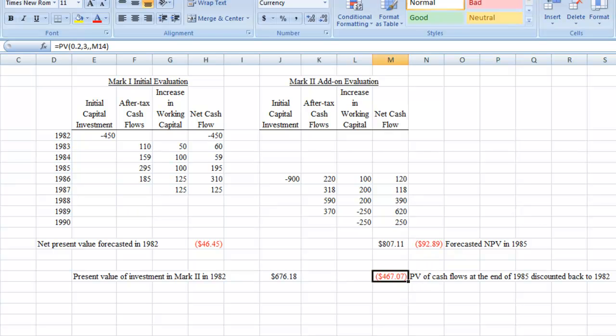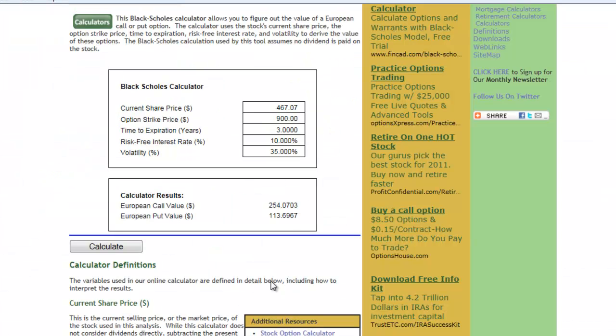So our strike price is $900 for purposes of this calculation. And since we're going back to 1982, we've got a 3-year option basically. So we've got 3 years from 1982 to the start of 1986. And the problem gives us a risk-free interest rate of 10%, and we know our volatility is 35%.